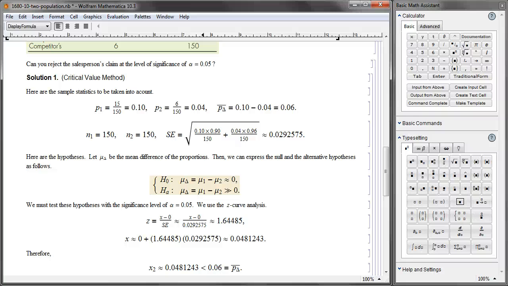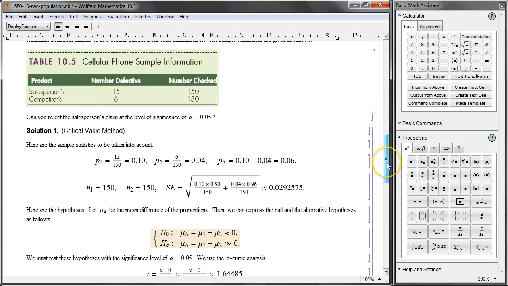Now how about the sample statistics? Some are straightforward, some require a little bit of thinking. These are all straightforward. 15 out of 150, 6 out of 150, so the difference is 0.06. That's the number that you're going to use at the very last moment. And the sample sizes are the same. And how about the standard error?